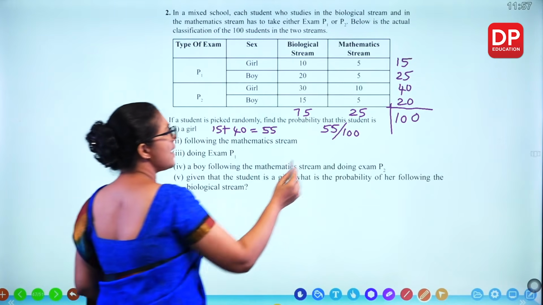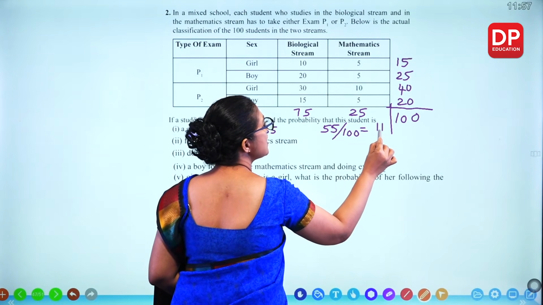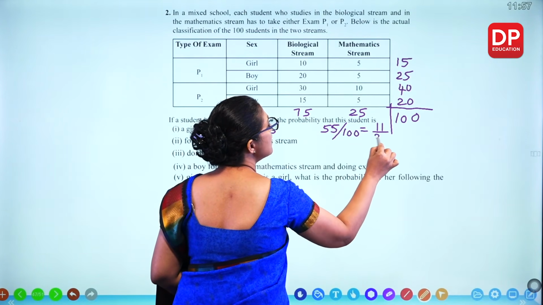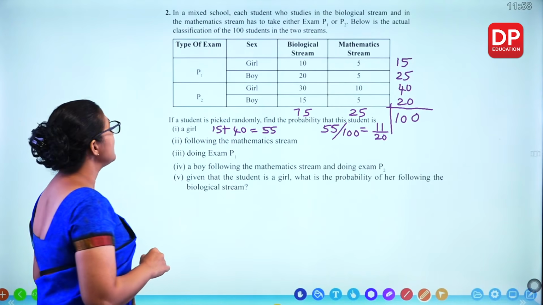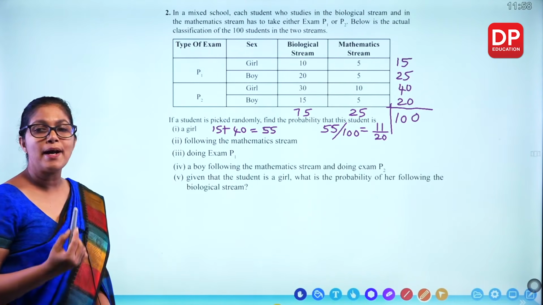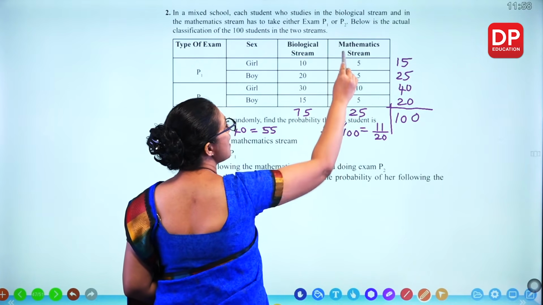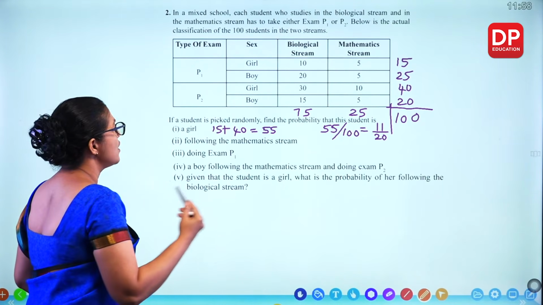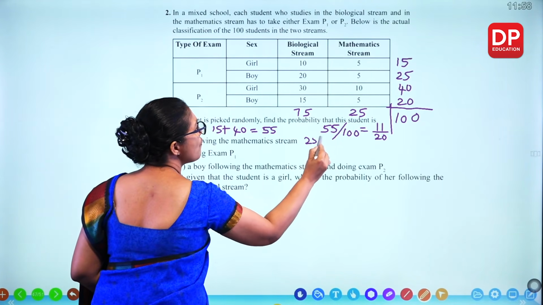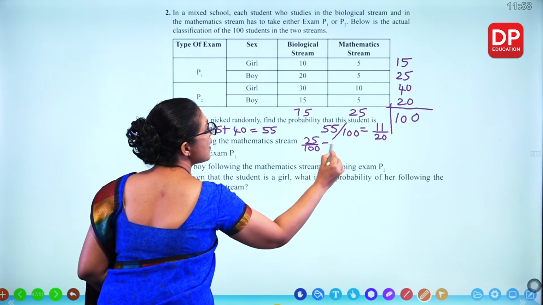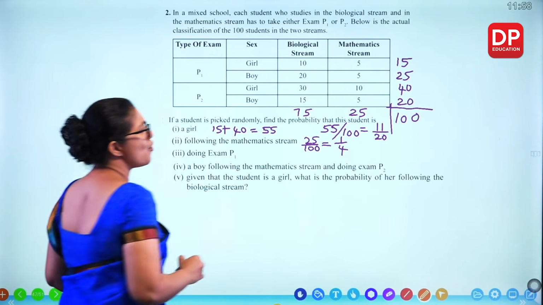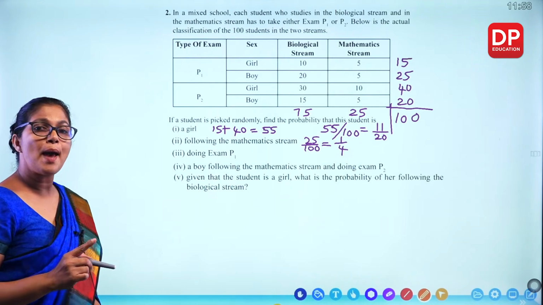You can simplify, divide by 5 and you get 11 over 20. Next one, following the mathematics stream. Mathematics stream, how many altogether are there? 25 students out of 100. Simplify, you get 1/4.